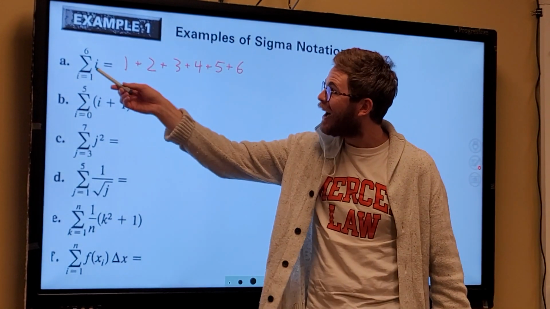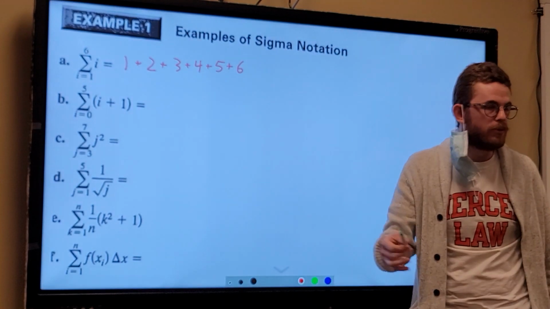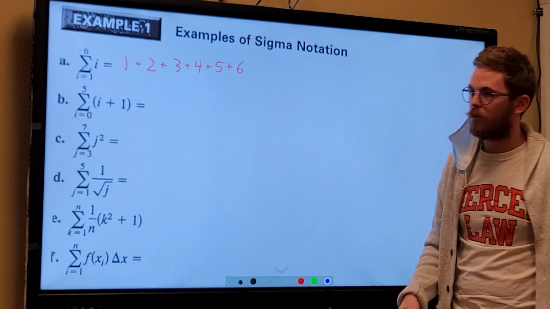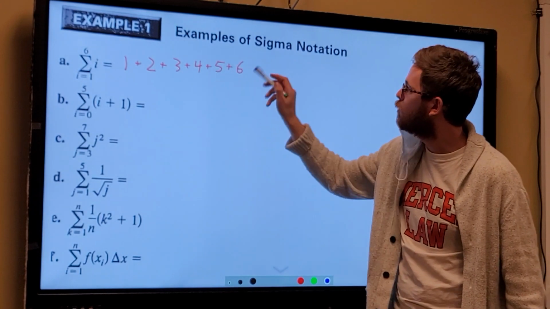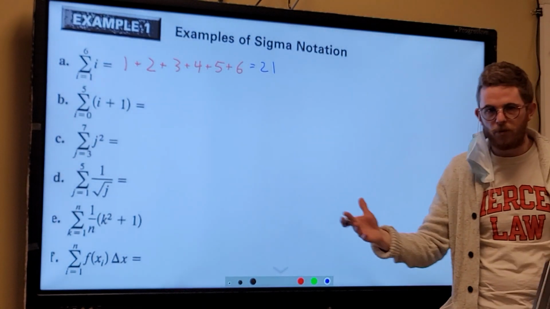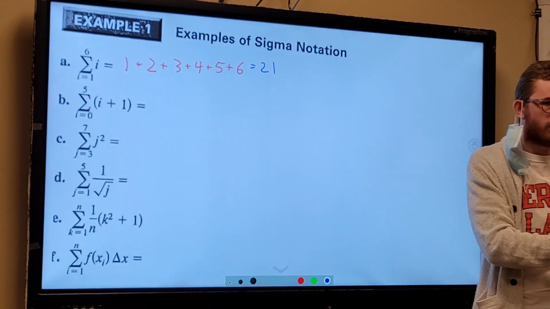Because it's just i, I'm literally just plugging in that number all the way up to 6. We can add these: 3, 6, 10, 15, 21. What it sums up to be is not as important as understanding how it's working.